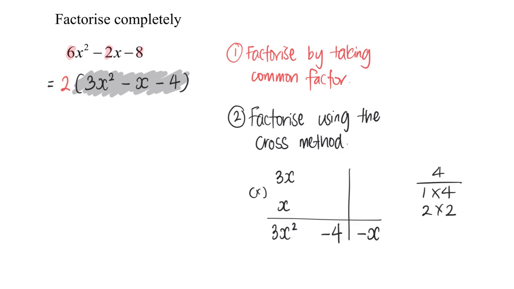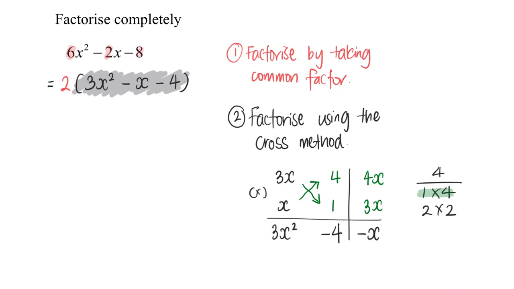So I check. My objective is later on I will get a negative 1. And so I realize that I will choose this, because 3x times 1 is 3x. x times 4 is 4x.